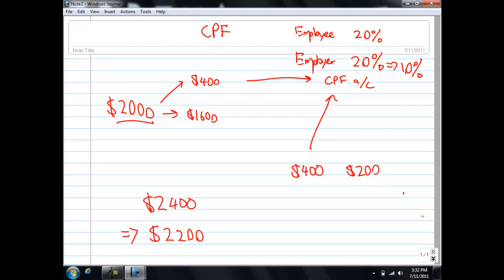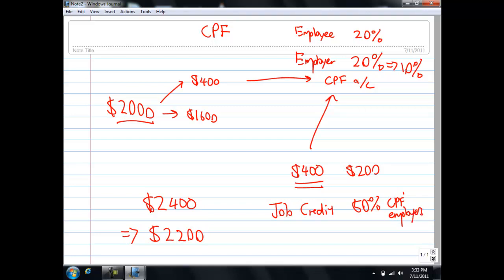Now, the job credit scheme is a bit different here in the sense that the employer still gives you 20%. So it will still give 400 to your CPF account. But the employer can then claim a bit of this CPF contribution from the government. So suppose the job credit scheme allows the firm to claim, let's say, half of the employer's CPF contribution.